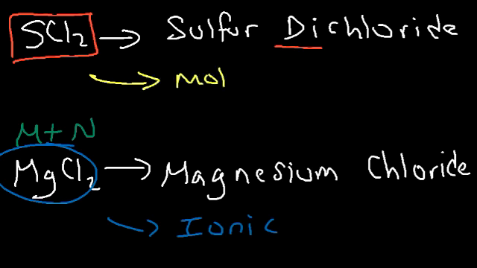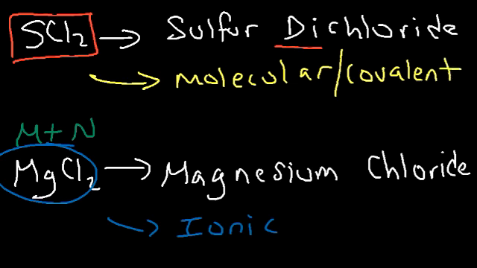It's a molecular or covalent compound. For molecular and covalent compounds, you need to use the prefixes like mono, di, tri, tetra, and so forth. Mono represents 1, di is 2, tri is 3, tetra is 4, penta is 5, hexa is 6, hepta is 7, octa is 8, nona is 9, deca is 10. For ionic compounds, you don't need those prefixes.